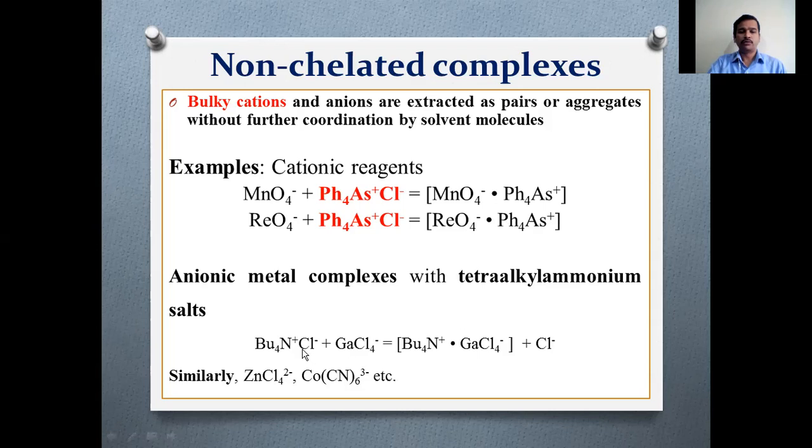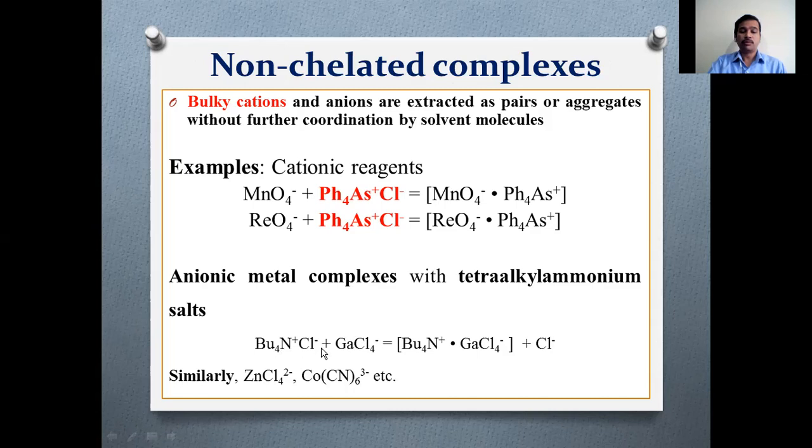Here is an example of such a class. Take tetrabutyl ammonium chloride and the gallium tetrachloride anion. Tetrachlorogallium(III) is anionic in nature because four chlorides have been coordinated to gallium. Gallium has a valency of +3, therefore one excess charge with respect to chloride is present as -1. So tetrachlorogallium minus 1 is the species which is negatively charged, and we need a positively charged reagent, that is tetrabutyl ammonium chloride.